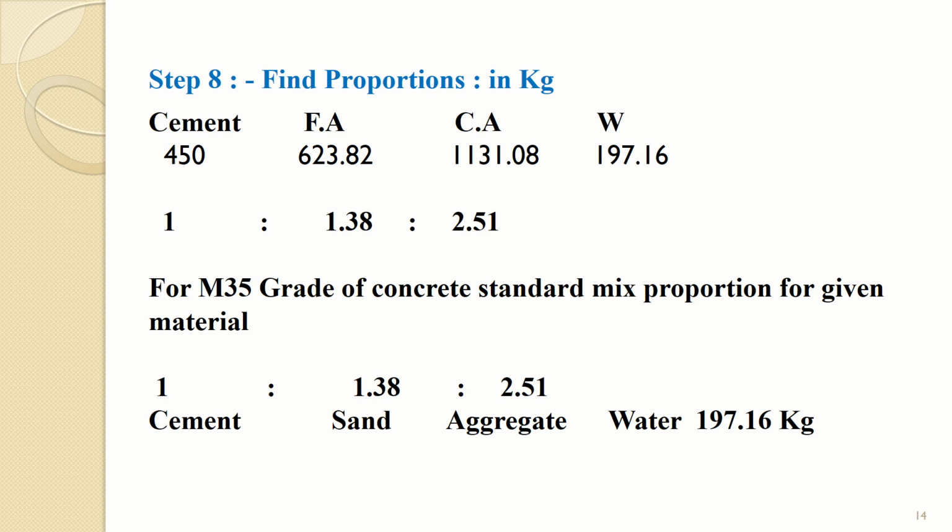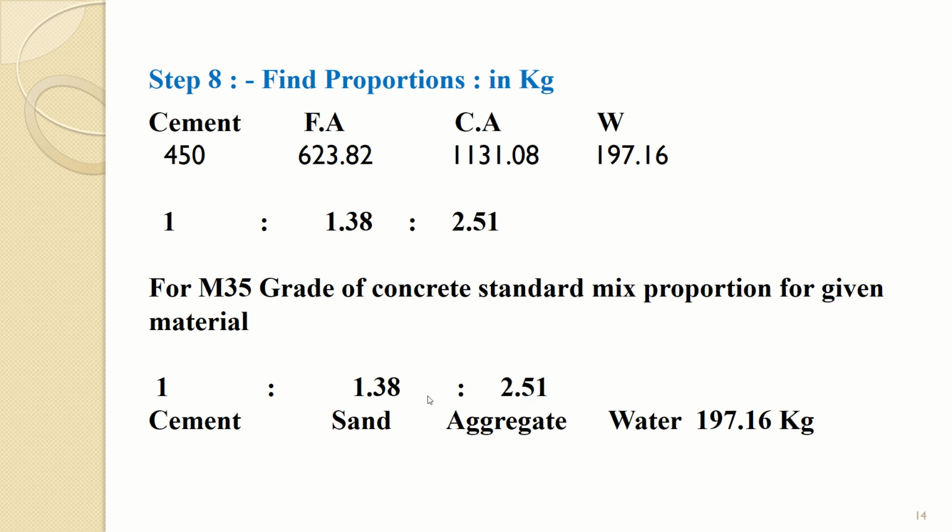If there is water absorption of the material, then you should add that correction as additional water. And if there is moisture content in aggregate, in the laboratory you should find out exactly the water content in fine aggregate and coarse aggregate, and that amount of water should be adjusted during the mix, so that the hydration process will be completed in a very good manner and you will get 100% strength.